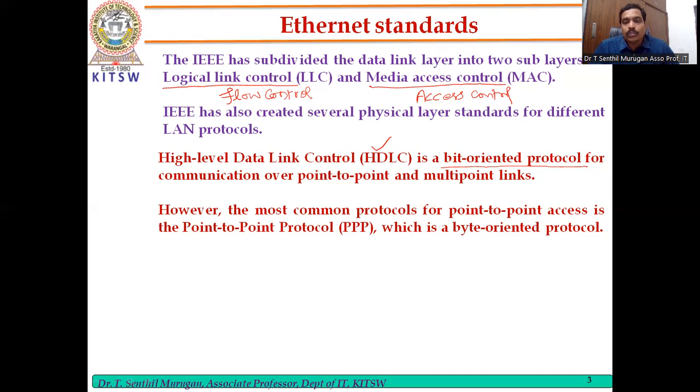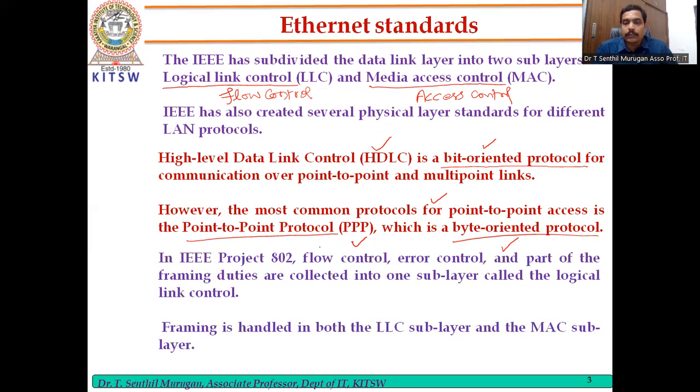The most common protocol for point to point is the point to point protocol, PPP. Just remember that an example of point to point is PPP. It is based on the byte oriented protocol. We have already discussed bit oriented and byte oriented protocols. Bit oriented means we add an extra bit for identifying the flow control. Here we add 1 byte, that is 8 bits, in the frames, which is considered the byte oriented protocol.